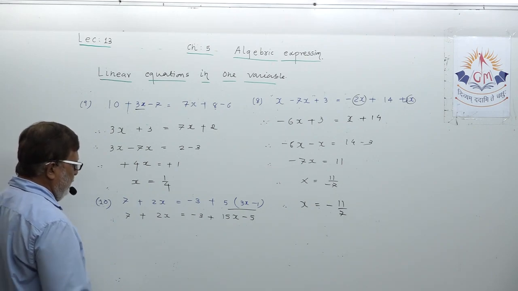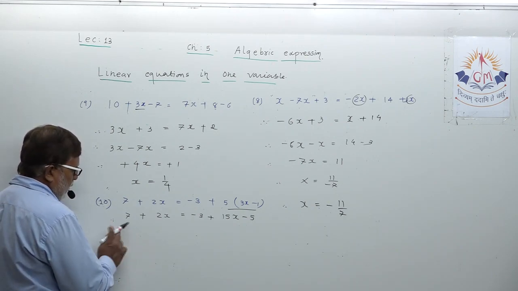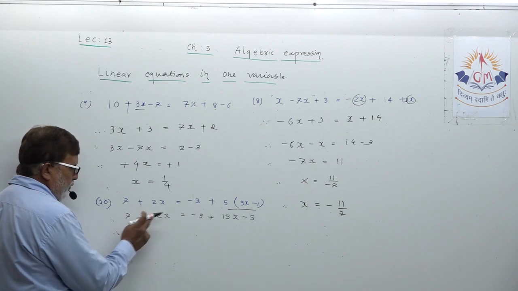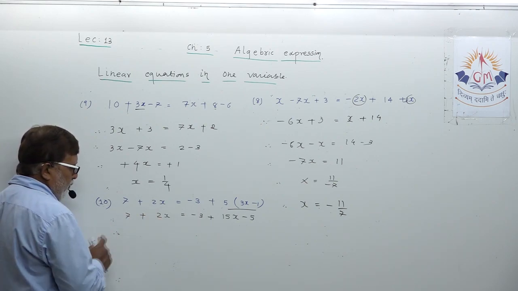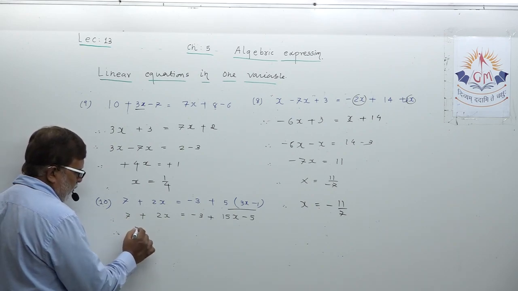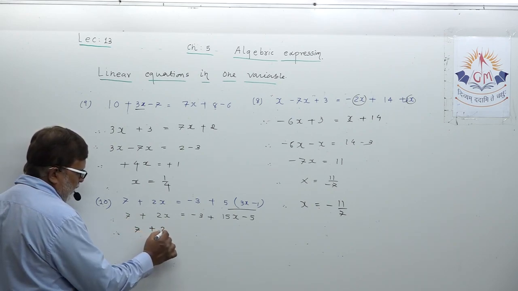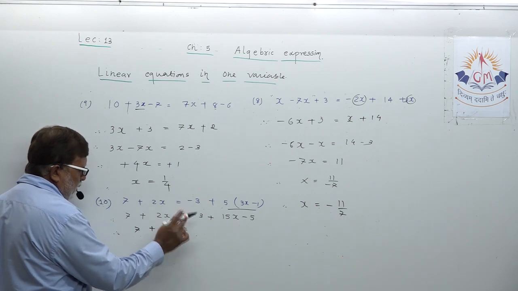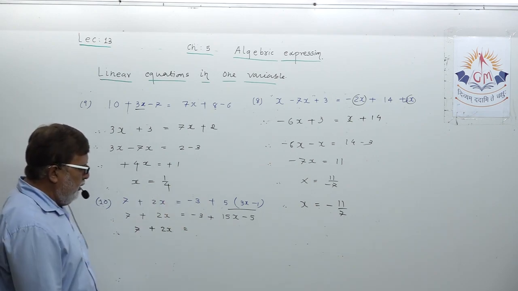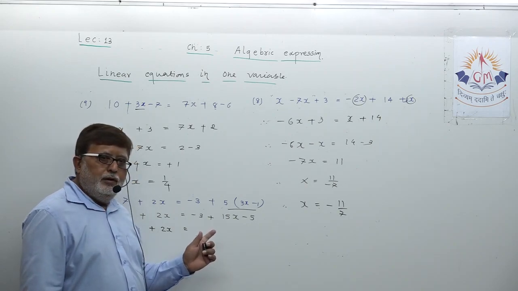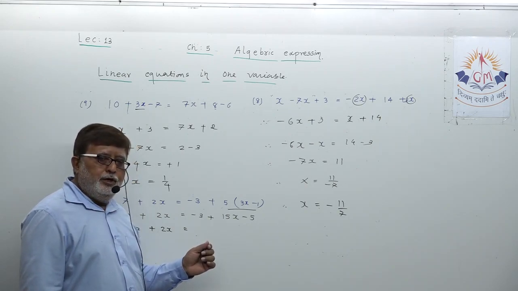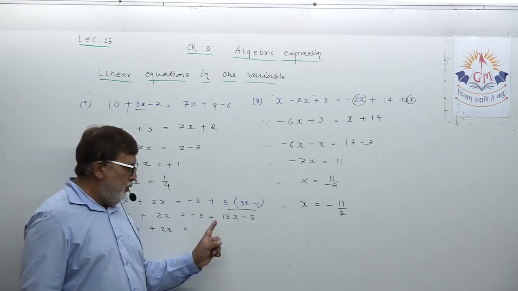After opening the bracket, what you are visualizing on the left side, one term containing variable and one constant term. Let me write it as it is. On the right hand side, dear student, there are like terms in the form of real numbers.